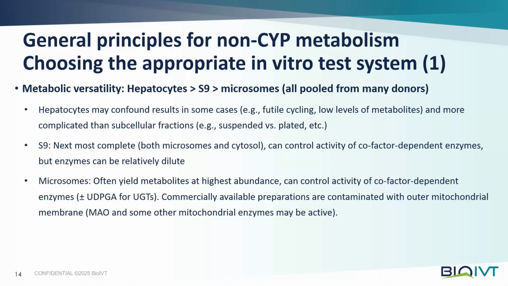During that freezing process, the outer mitochondrial membrane will actually come off, and that is where monoamine oxidases are. So you'll have some other mitochondrial enzymes that may also be active. Just one caveat there when you're looking at human liver microsomes.